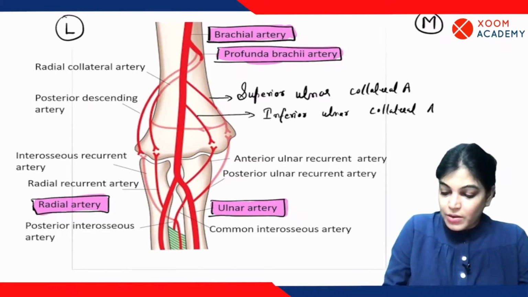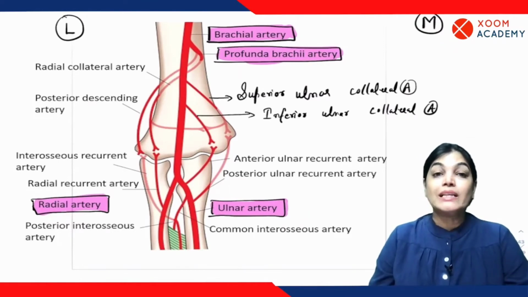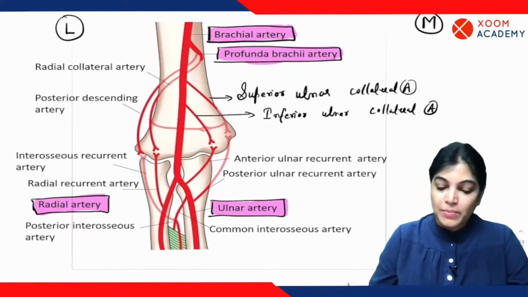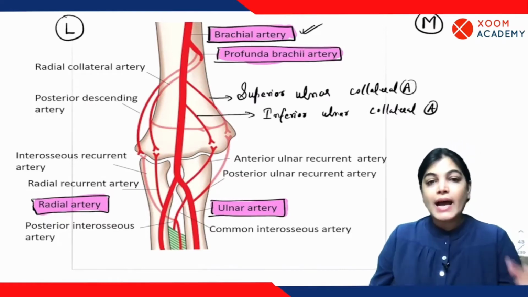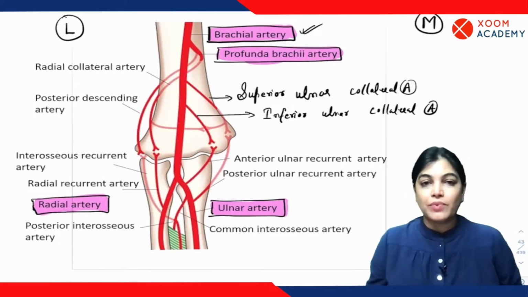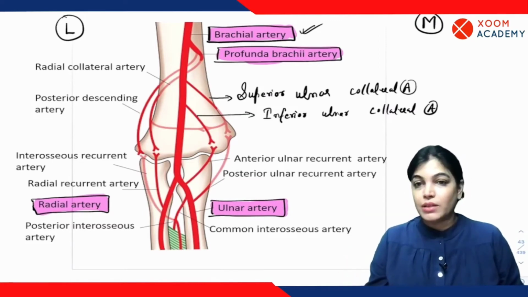Actually, the superior ulnar collateral artery and the inferior ulnar collateral artery are directly branches of the brachial artery. Now, that is clear. As I told you, on the medial side of the elbow joint, there is anastomosis both on the anterior aspect and on the posterior aspect.